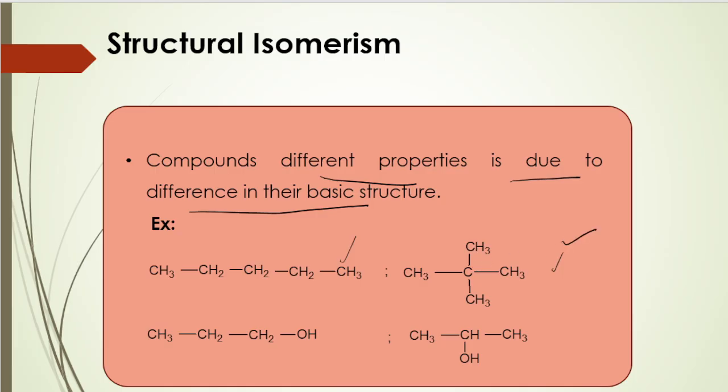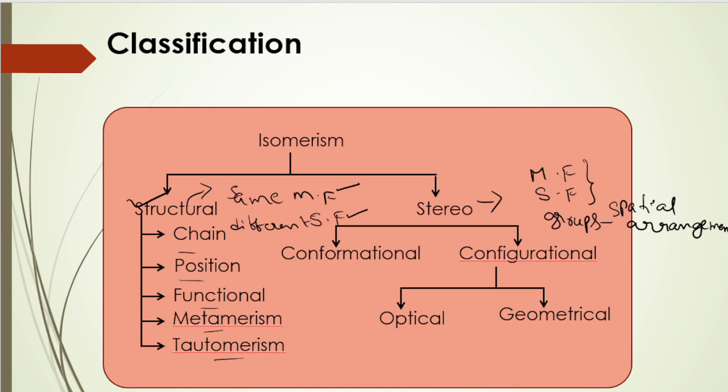These two are called structural isomers, and the phenomenon is structural isomerism. So structural isomerism is of 5 types: chain, position, functional, metamerism and tautomerism. Let's discuss them one by one in detail.